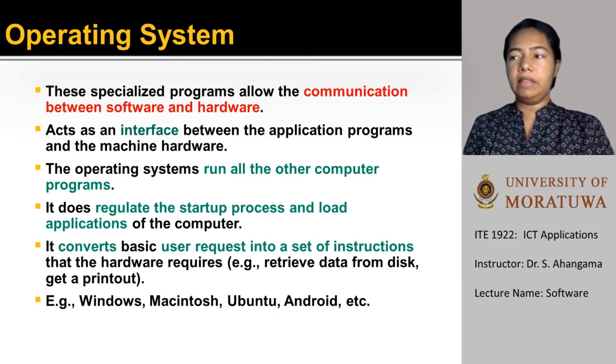Most operating systems support multitasking, or provide the ability to run more than one application at a time. For example, Windows, Macintosh, Ubuntu, Android, we can consider as operating systems that we use today.